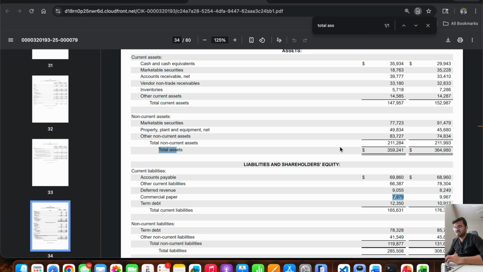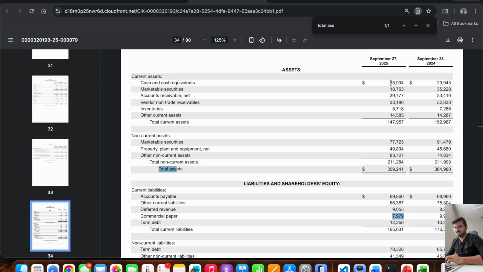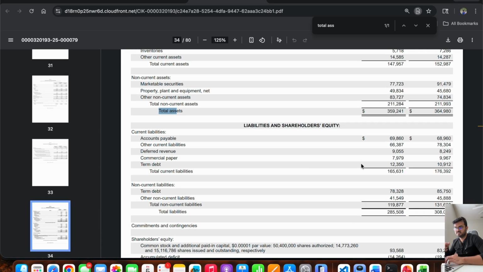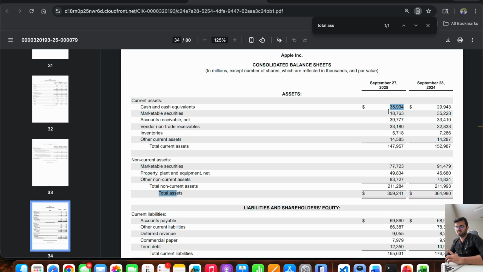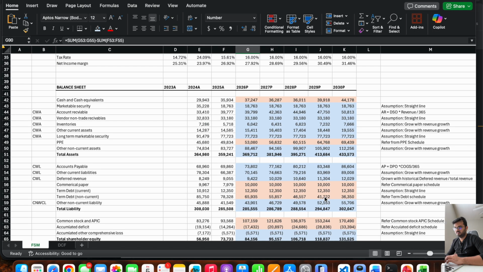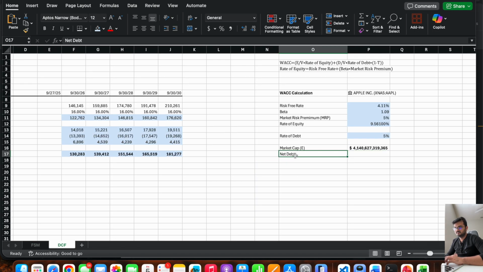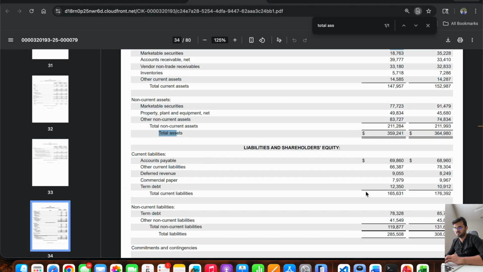On top of it, Apple also mentioned that in the most recent year they have approximately $35 billion sitting in cash. So to get the net debt, we take the total debt, which is the sum of all the debts in the liabilities, and take the difference with the total cash. So let's do that. I'll simply add two columns. First one is total debt, which is summing up those three numbers.